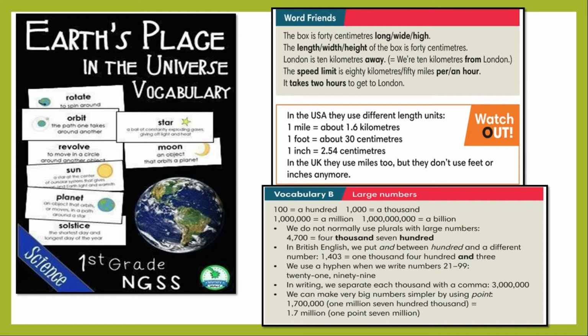Here we've got a picture of our book, and it says the box is 40 centimeters long, wide, height. The length, the width, the height of the box is 40 centimeters. You can pronounce centimeters or centimetres. Both are accepted because one is American and the other one is British.